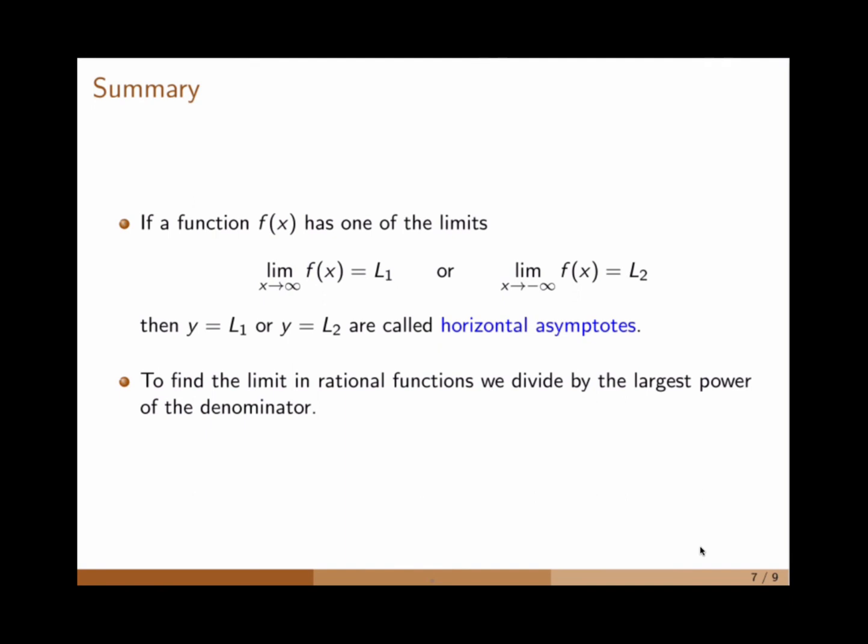And we have seen examples where L1 or L2 do exist or do not exist, or they might be different for x to infinity or x to minus infinity. For rational functions, we found a trick of how to compute these limits by dividing by the largest power of the denominator. Then we get a complicated expression, but we can identify terms which go to 0 very quickly, and what remains is often, if you are lucky, simple, and then you can compute the limit.